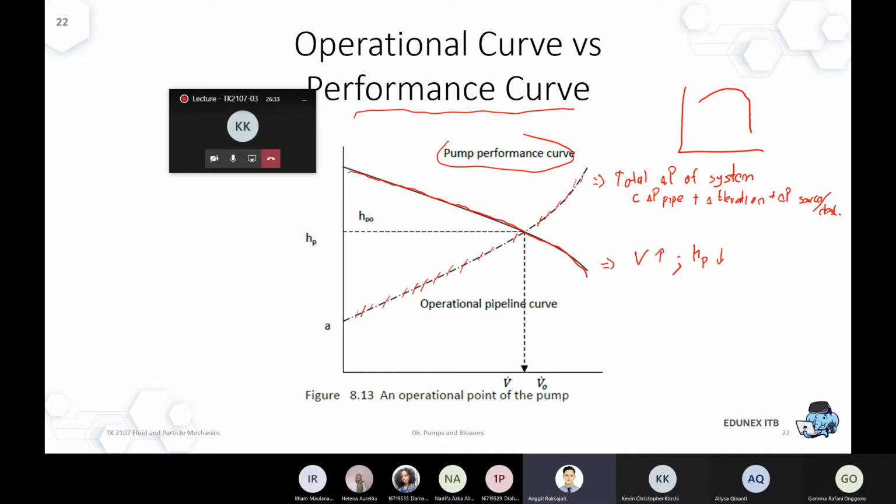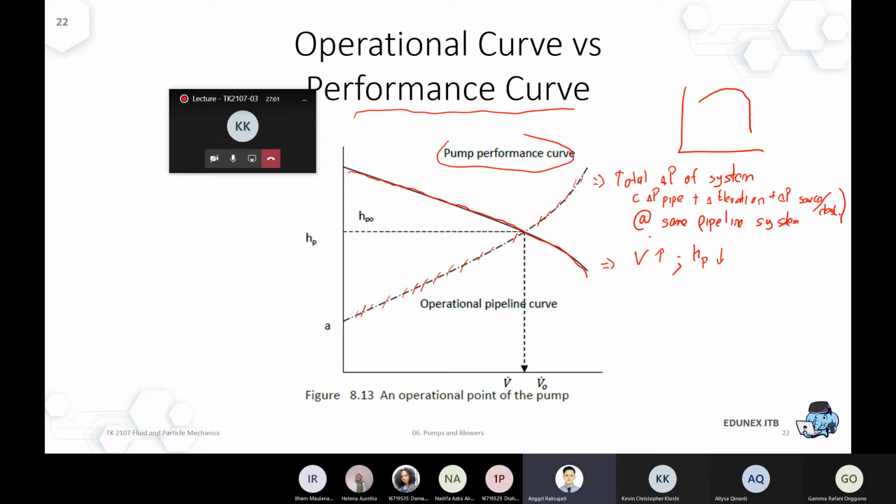So you can imagine that if we have a higher flow rate at the same pipeline system, assuming that the length remains constant and the diameter remains constant, of course, if we flow a higher amount of fluid, it will result in a higher pressure drop.